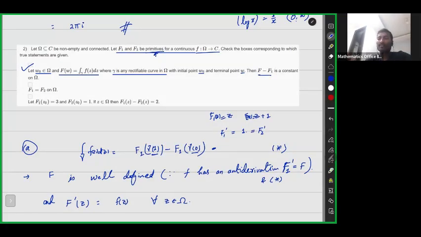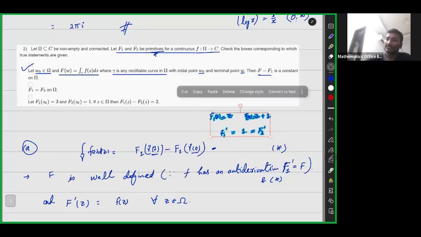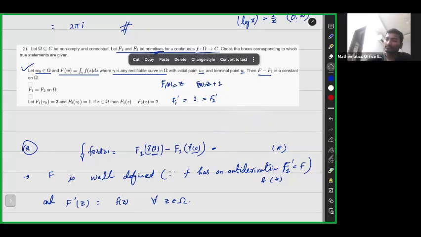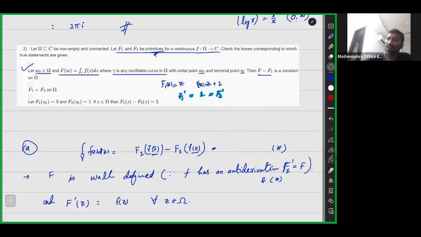So they are antiderivatives of the constant function 1, but F1 is not equal to F2. This is an explanation for this. This is false.